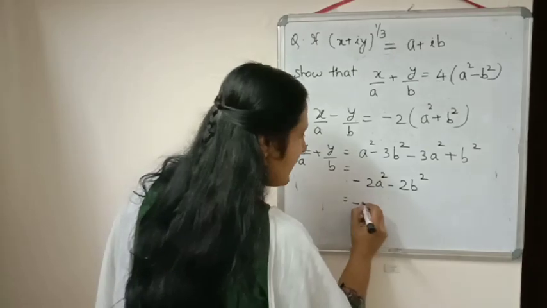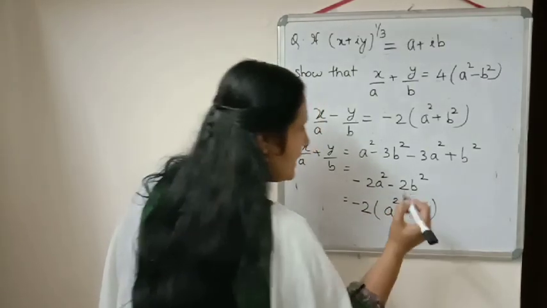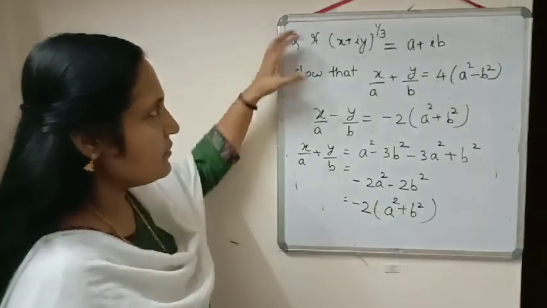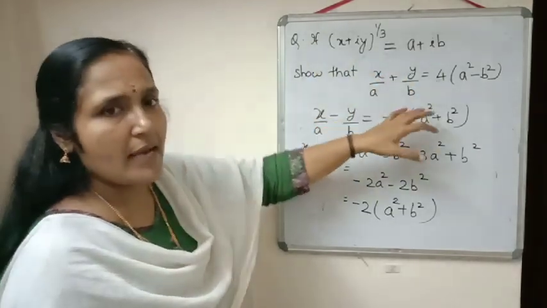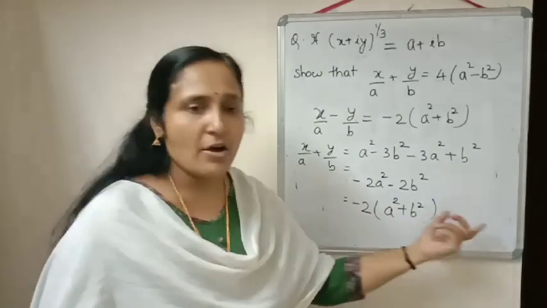Now we can take minus 2 common and then inside the bracket it will be a² plus b². So this type of question we can do by simplifying, equating the real and imaginary part of the complex number, and this question is hence proved.